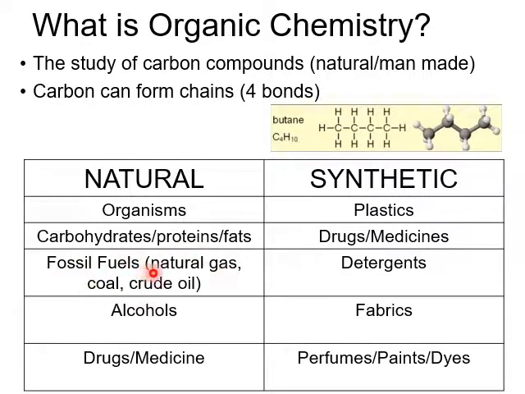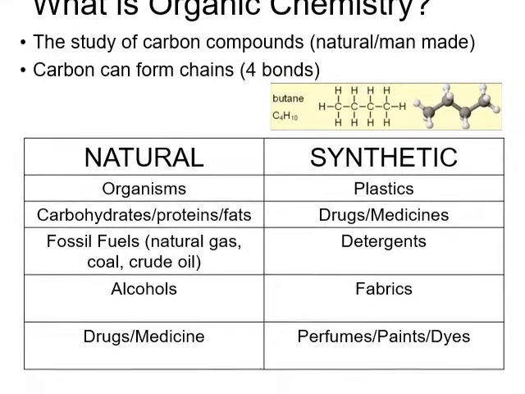Many of the energy sources we use are hydrocarbons. And it can help us extend life. All drugs and medicines we use are organic compounds, and it can help us enrich life with our plastics, fabrics, and perfumes. So organic chemistry is one of the most complex but most important topics you'll probably ever come across.